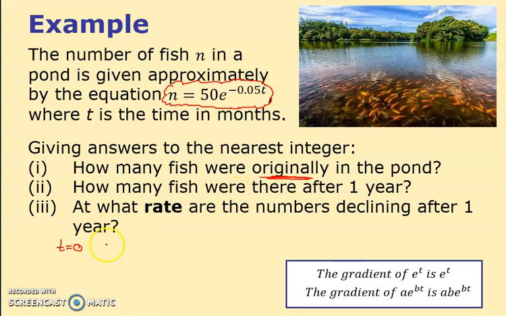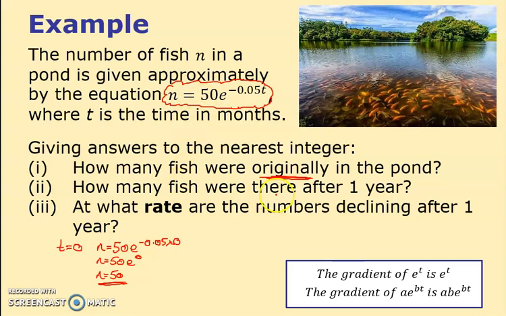So t equals 0, so that means n equals 50 e to the minus 0.05 times 0. Now, anything times 0 is 0. So this is 50 e to the 0. And of course, anything to the 0 as a power is 1. So that first number is more important than you'd imagine. There are 50 fish originally.